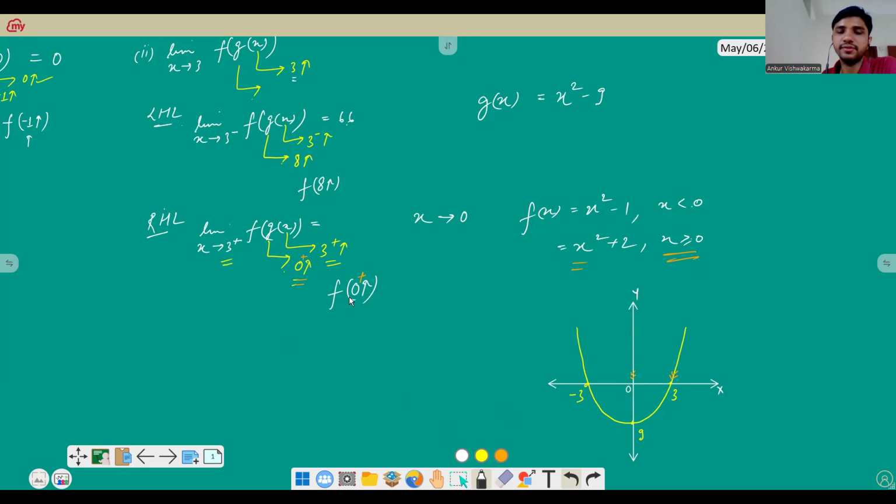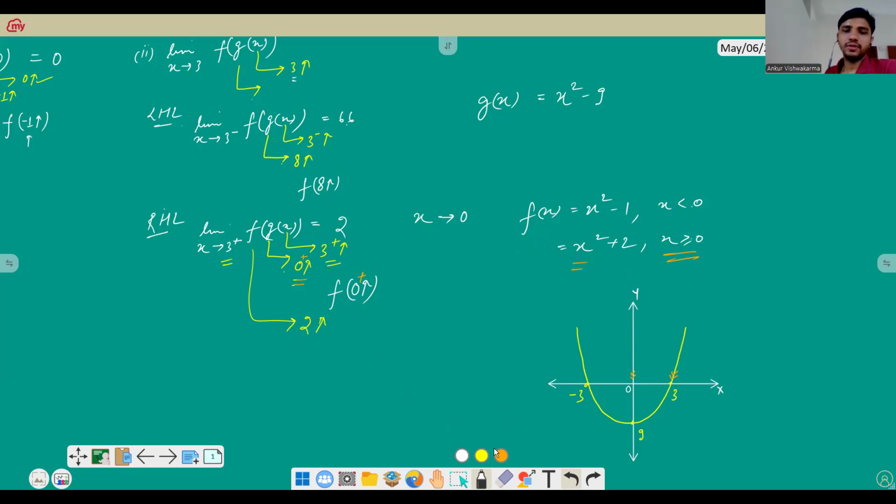So when x is approaching 0 from the positive side, what will be the value of this limit? It will be 0 square plus 2, which is 2. So limit x tends to 3 plus f of g of x is nothing but 2.